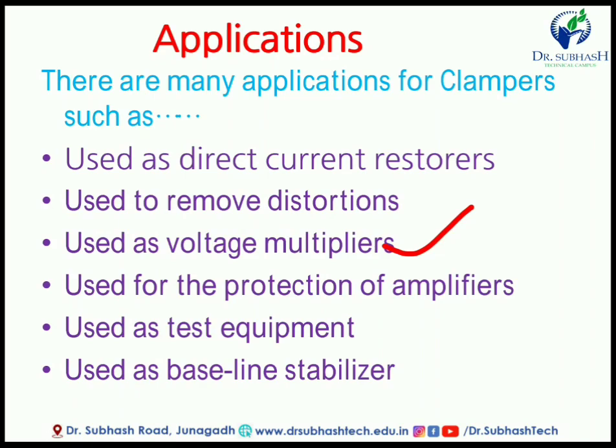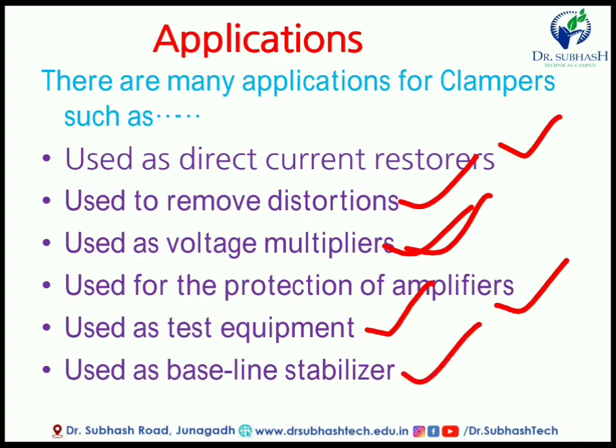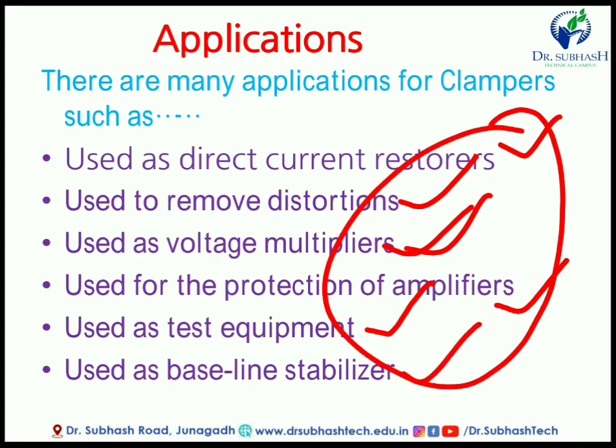Then it is used as test equipment; we can design test equipment using the clamper circuit. Then it is used as a baseline stabilizer. So the main applications are restorer, distortion remover, multiplier, amplifier protection, test equipment, and baseline stabilizer. These are all the basic applications of the clamping circuit.